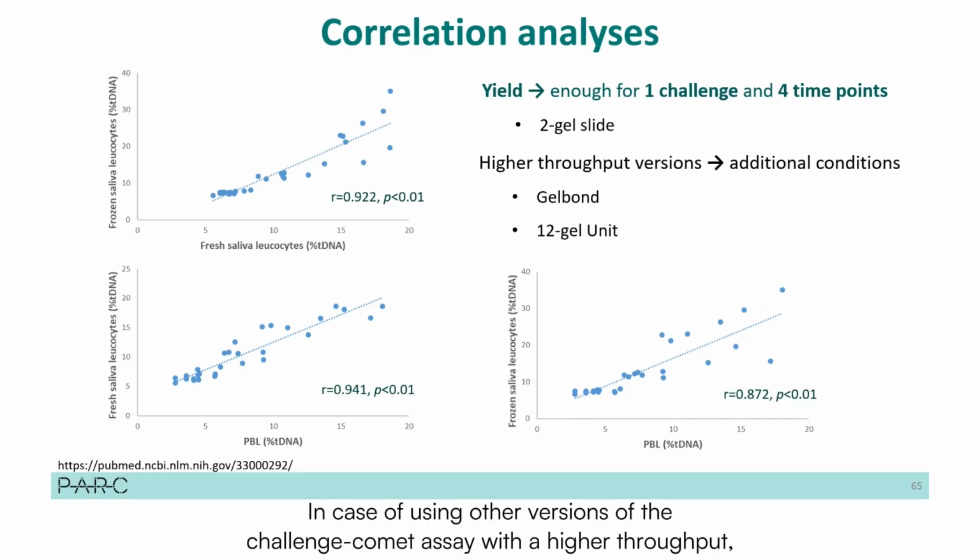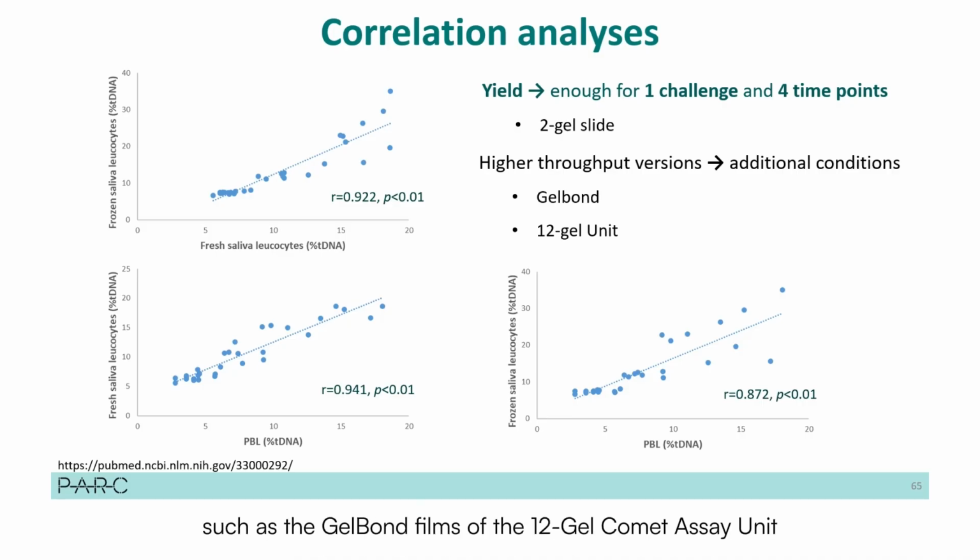In case of using other versions of the challenge-comet assay with a higher throughput, such as the GelBond films of the 12-gel comet assay unit, further experimental conditions could be assessed.